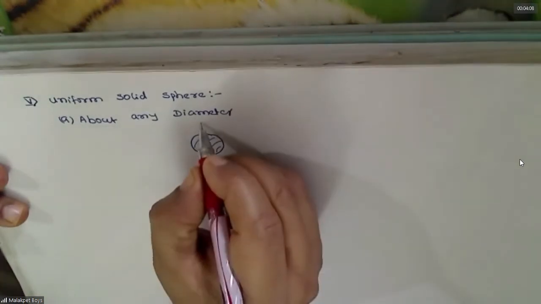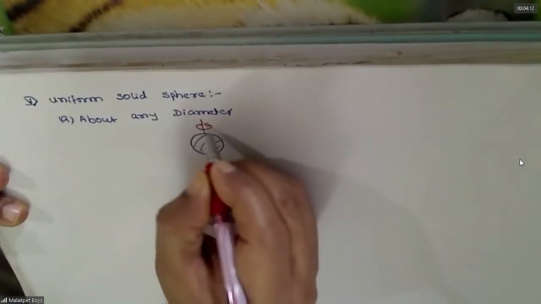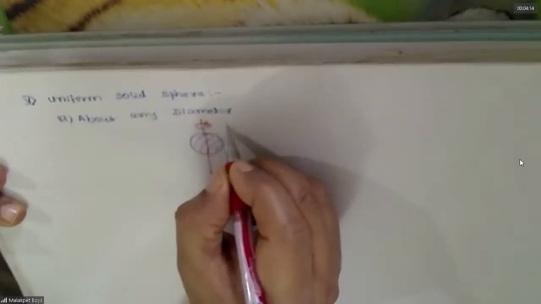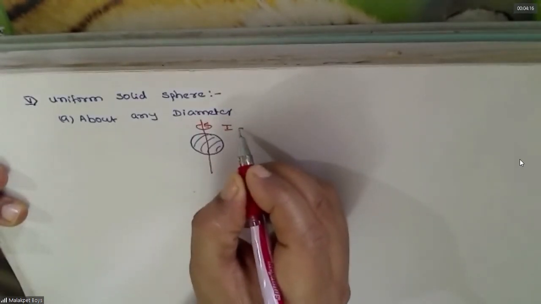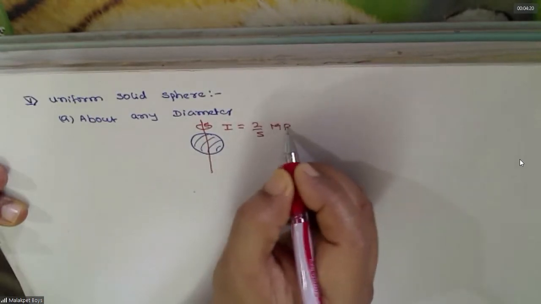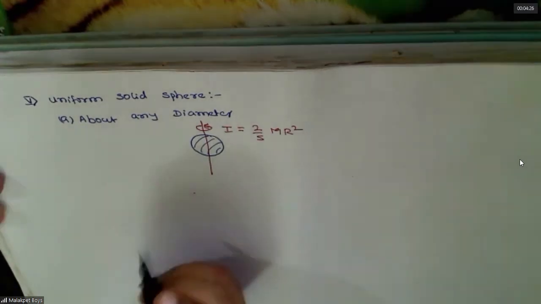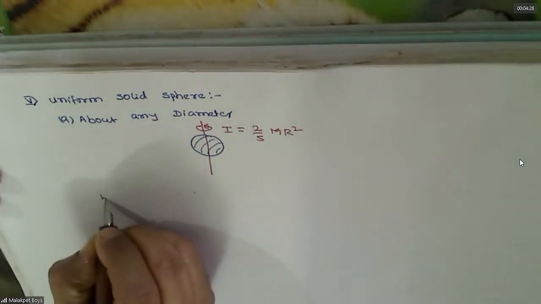That means if you take this around this, it is I equals 2 by 5 MR square. Understood this? Yes, sir.